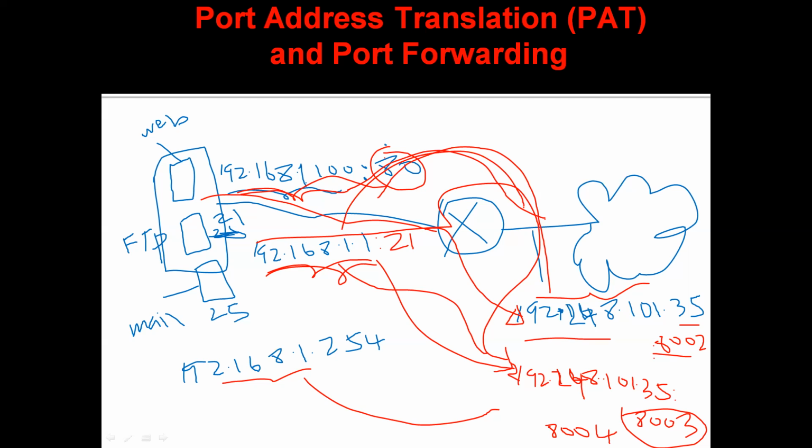PAT can handle many internal hosts with a single public IP address. Many internal hosts we can handle using the same public IP with a different port number. This is port address translation.